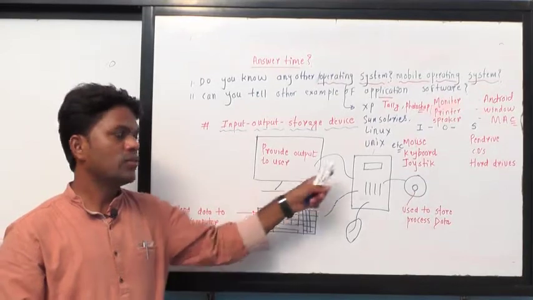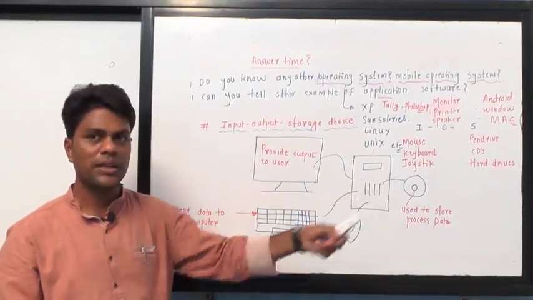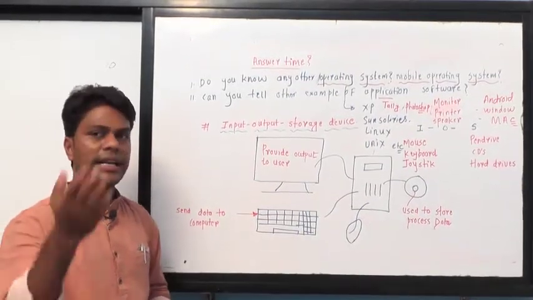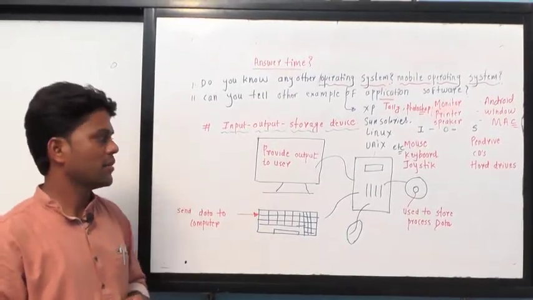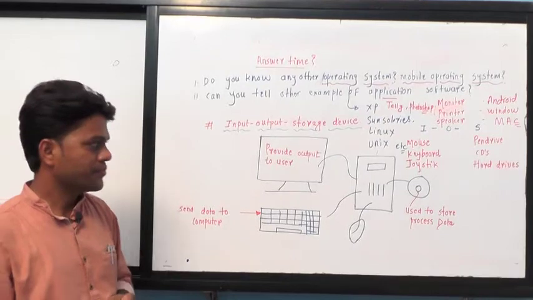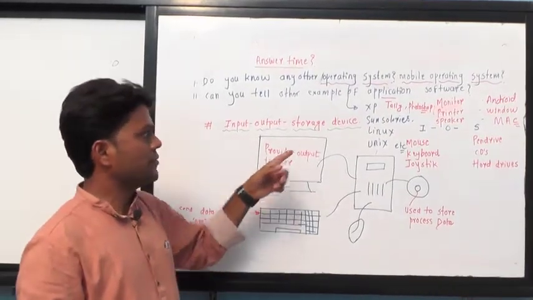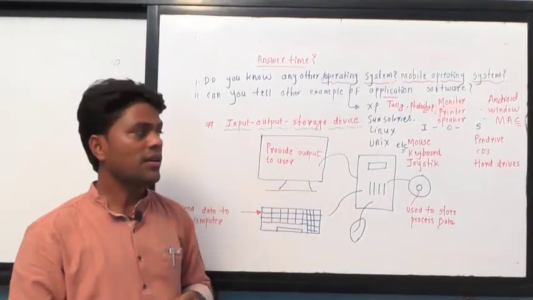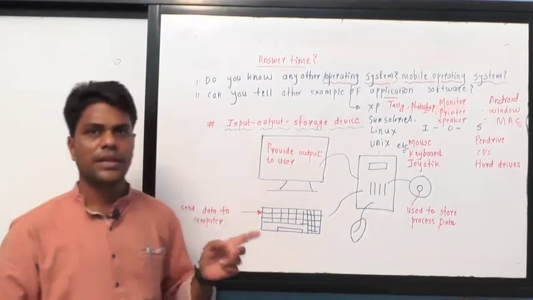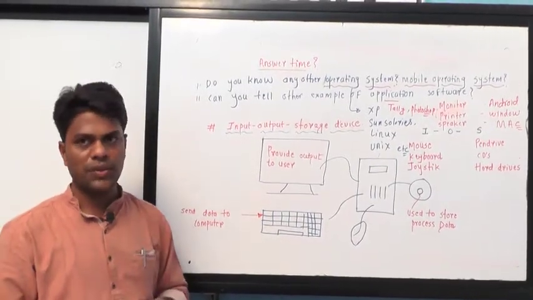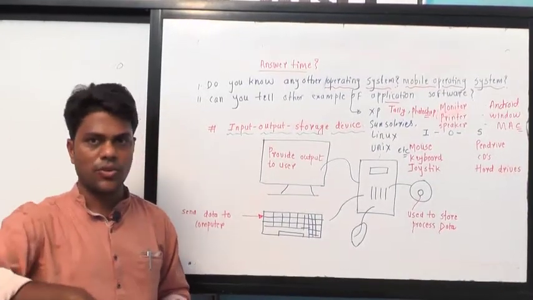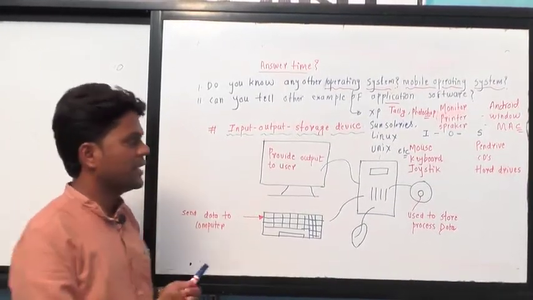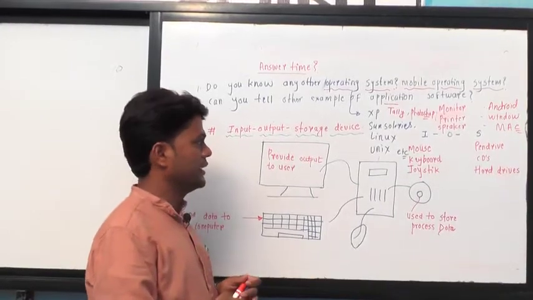When we give a print command through the computer, we get the output on hard paper, so the printer is another output device. Your speaker is also an output device. When we play music, we get sound outside, so the speaker is also an output device.